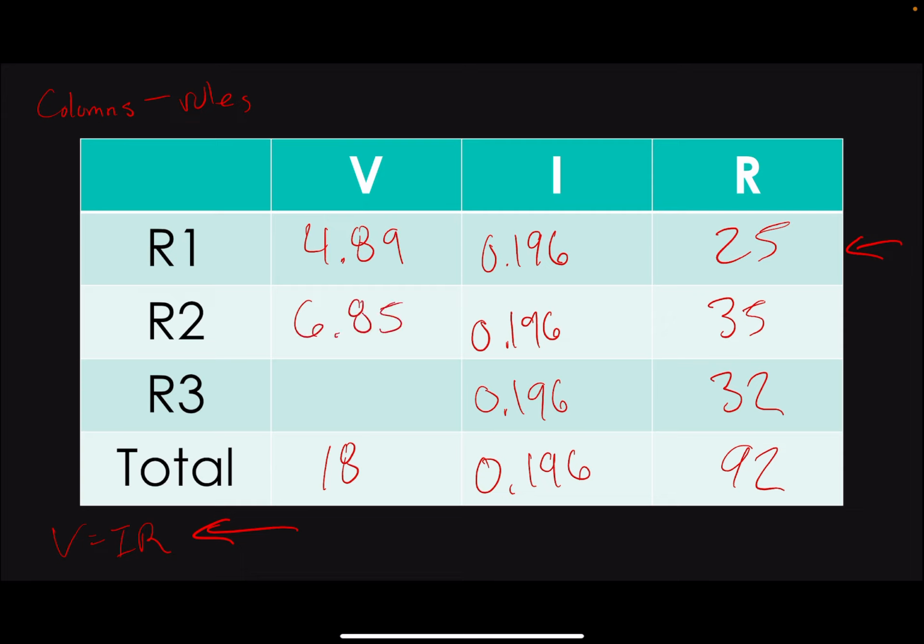And then 32 times my non-rounded current is 6.26. And that should add up to about 18. Obviously, when you round, you might get a couple decimals off, but you should get approximately the same voltage.